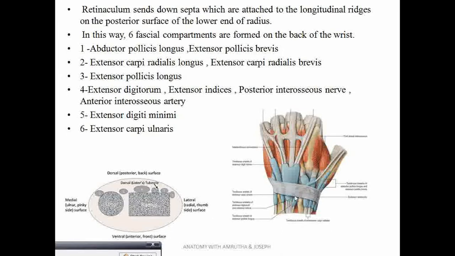The third compartment has a muscle, extensor pollicis longus. The fourth compartment has extensor digitorum, extensor indicis, and posterior interosseous nerve along with an artery, anterior interosseous artery. Anterior interosseous artery is a branch of common interosseous artery. Extensor digiti minimi in the fifth compartment, and the last one, extensor carpi ulnaris.